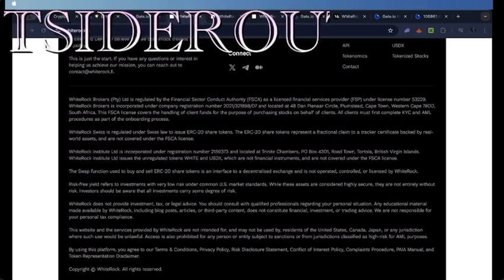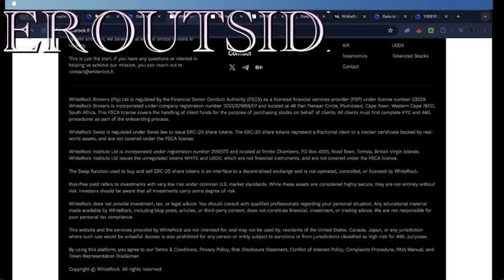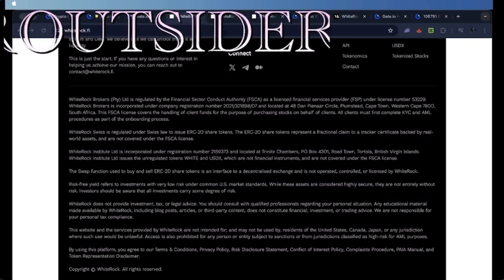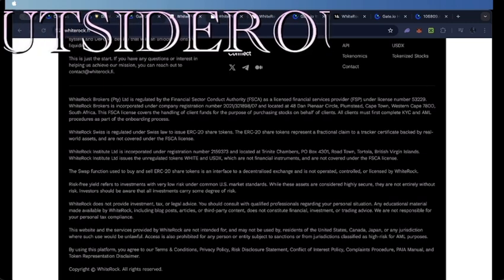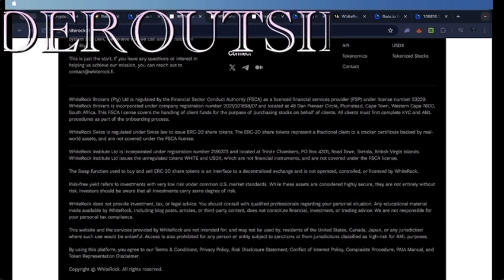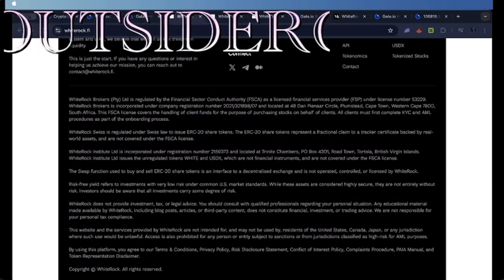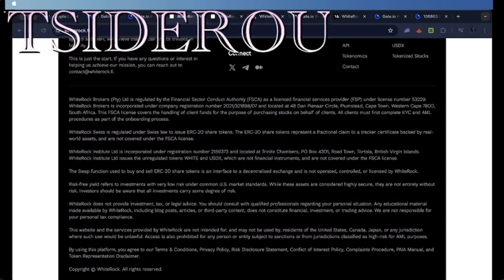The FSCA license covers the handling of client funds for the purpose of purchasing stocks on behalf of clients. Our clients must first complete KYC and AML procedures as part of the onboarding process.